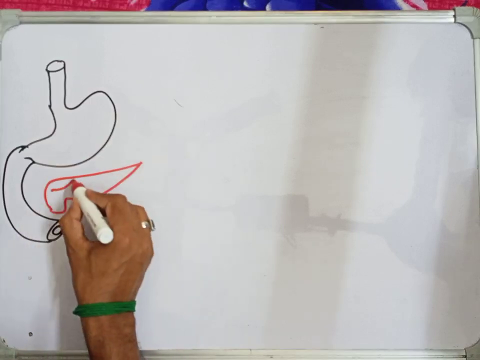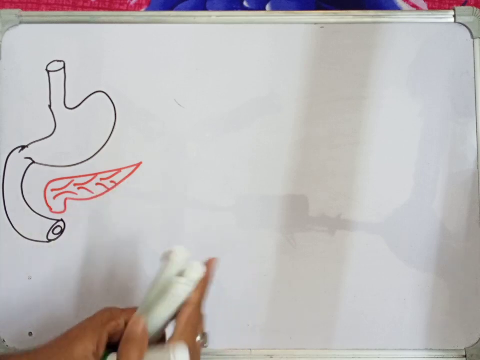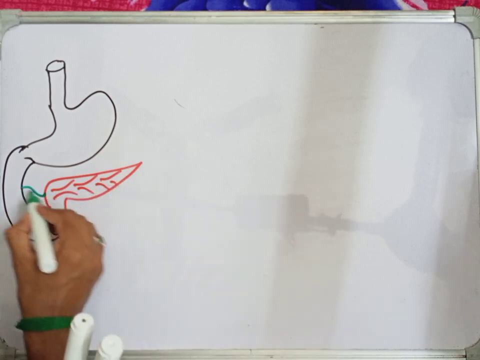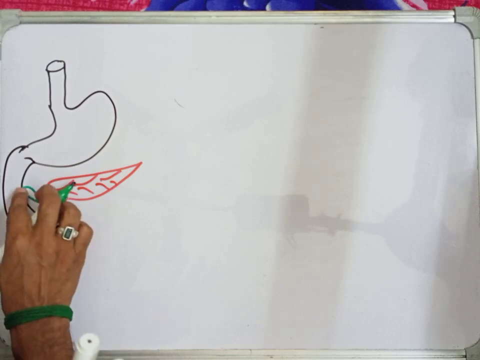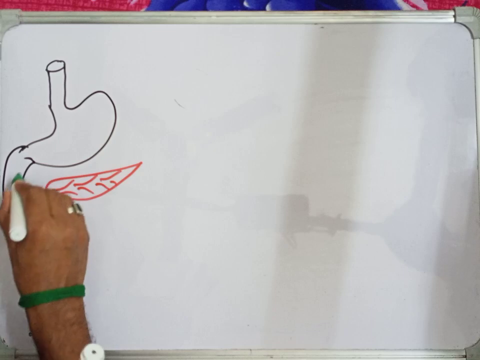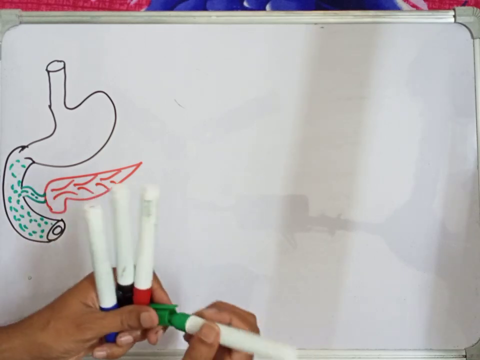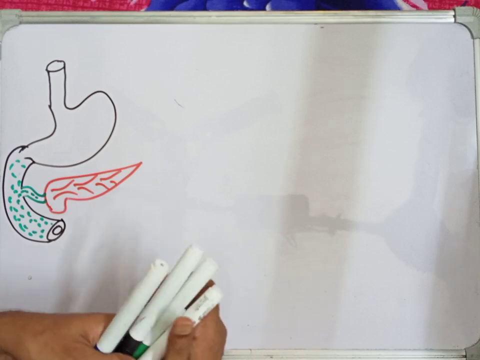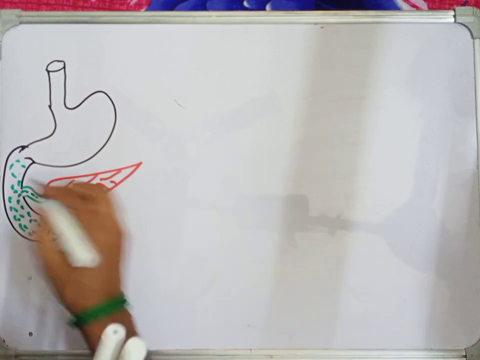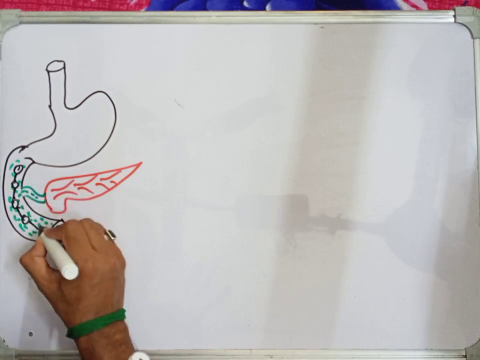Pancreas, I just roughly draw, and the pancreas opens into the duodenum, and pancreatic juice, the pancreatic protein digestive enzyme, just began to flow over the partially digested protein, right?